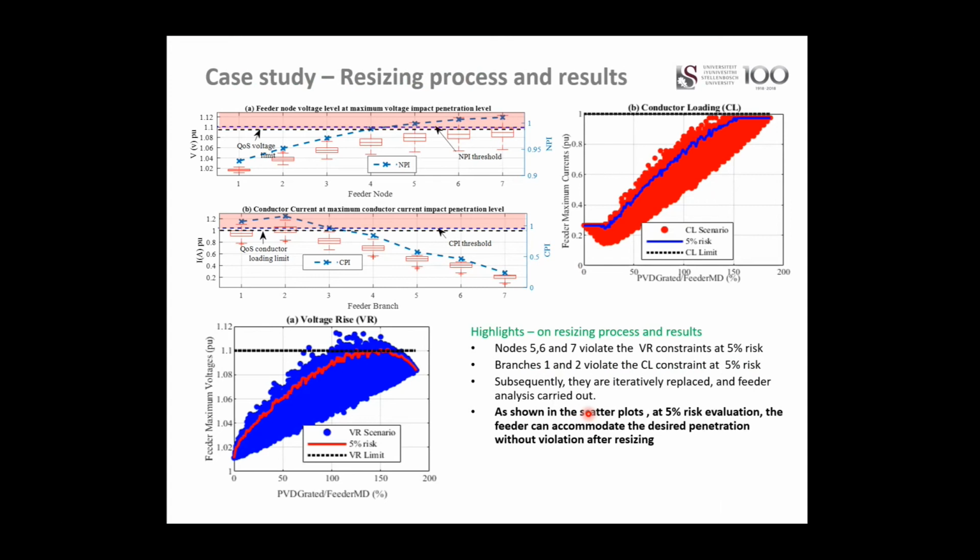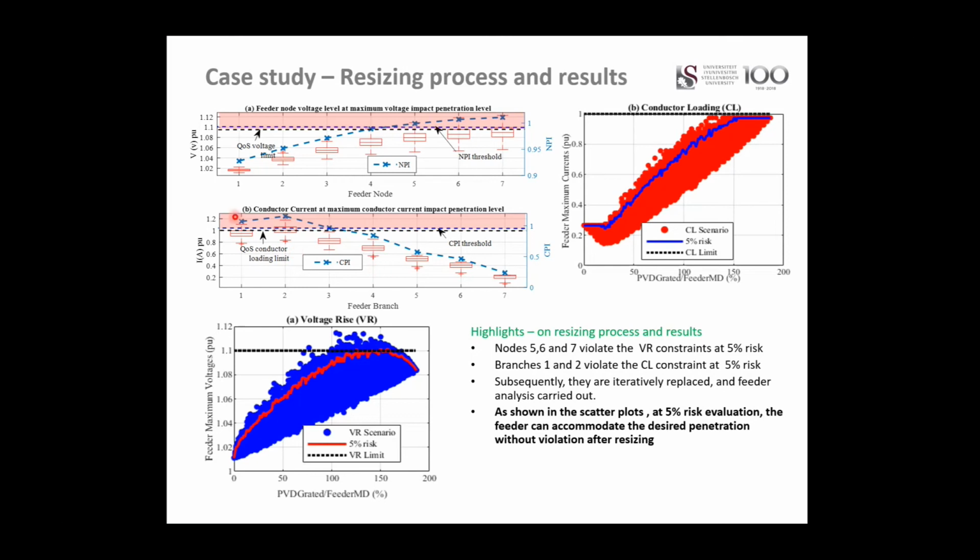You can also get other outputs from our tool. You can see the performance of your feeder in terms of each node voltage as well as each conductor current loading. These box plots show, for instance, here is the node performance, and here is your conductor, or rather the branch performance.